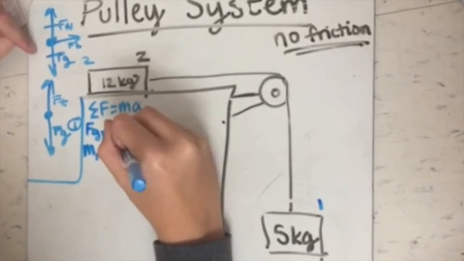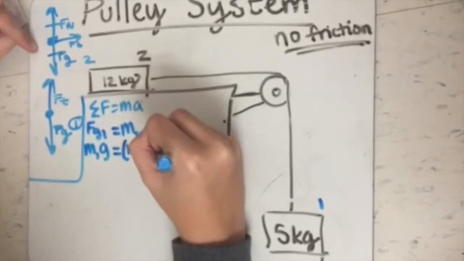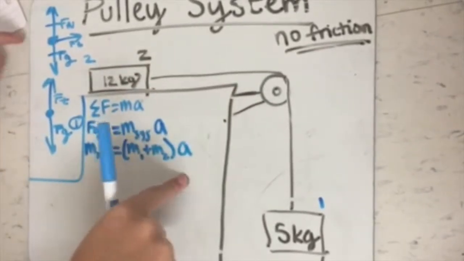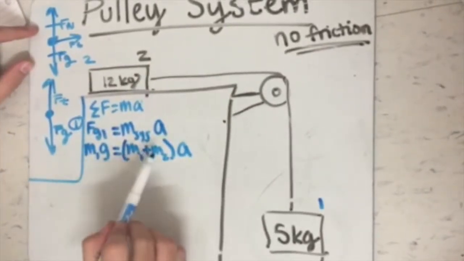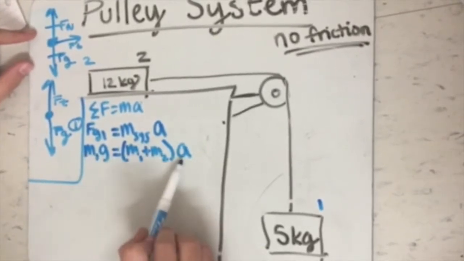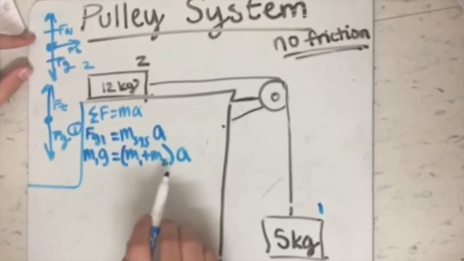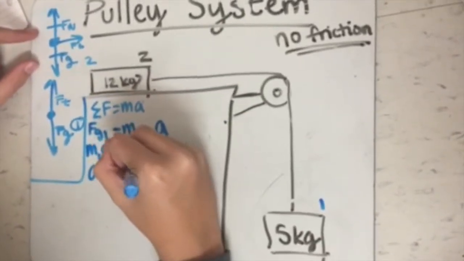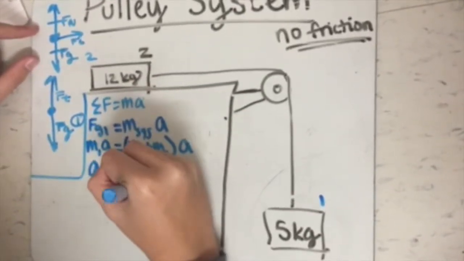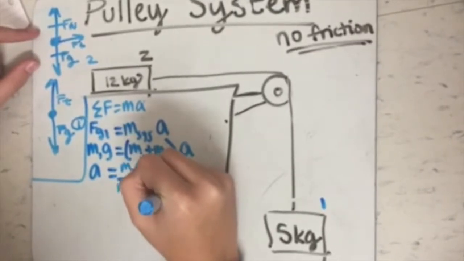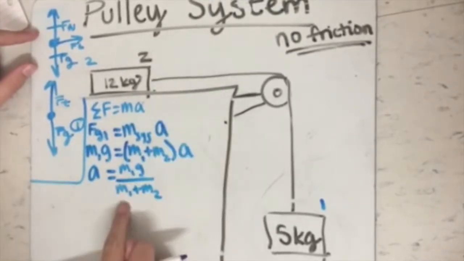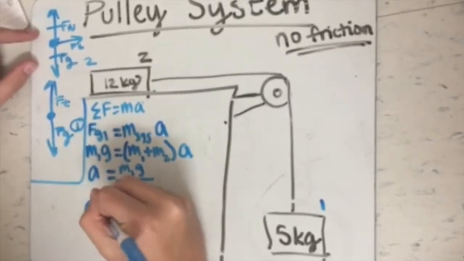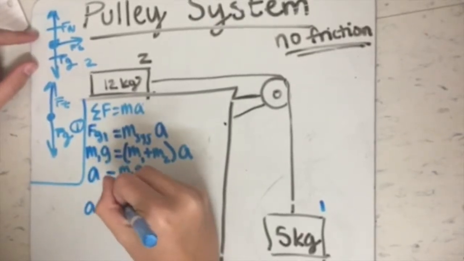Then, since it is Fg1, we're going to take the mass of block 1, so we will give the m a subscript of 1. Next, m subscript SYS is the mass of the whole system, which is m1 plus m2. Then, times acceleration, which still doesn't change. Now that we know every value except the one we are solving for, we are going to rearrange it all so that we get a alone on one side of the equation.